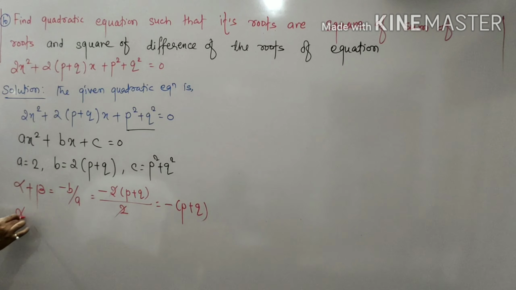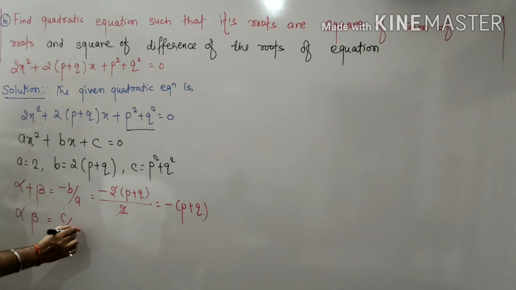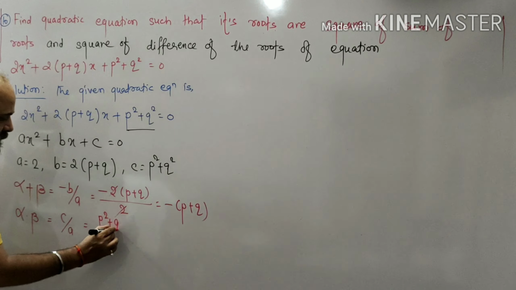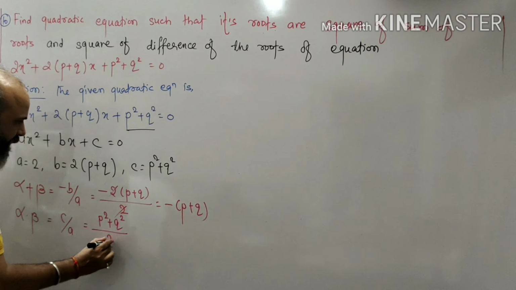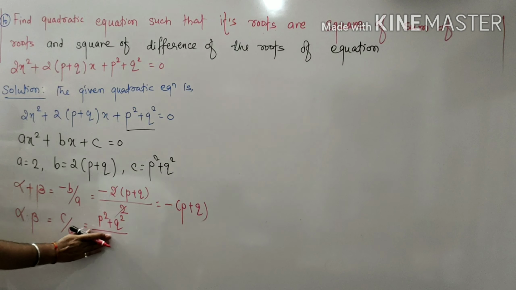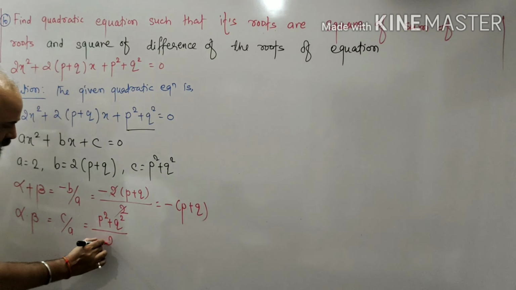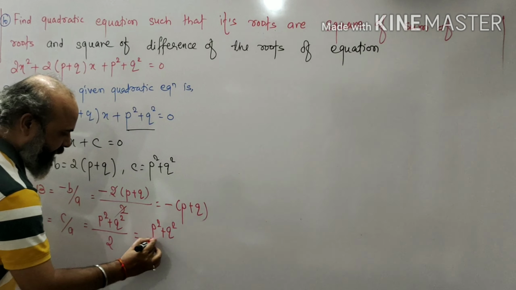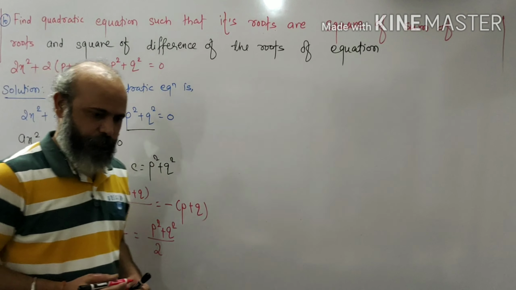Similarly we will find alpha into beta. Alpha into beta is the product of the roots, and the product of the roots is c by a. C is p square plus q square, divided by a, and a is 2. This is equal to p square plus q square divided by 2.